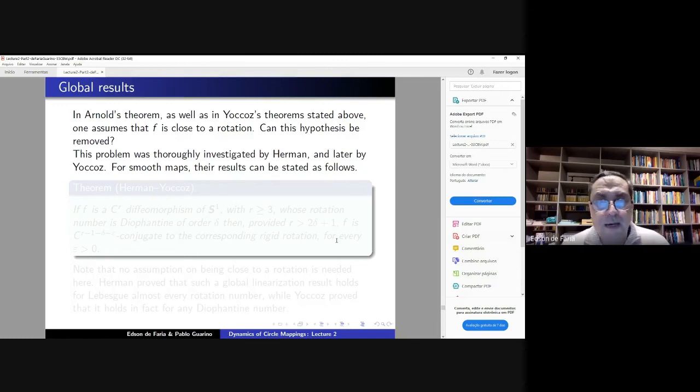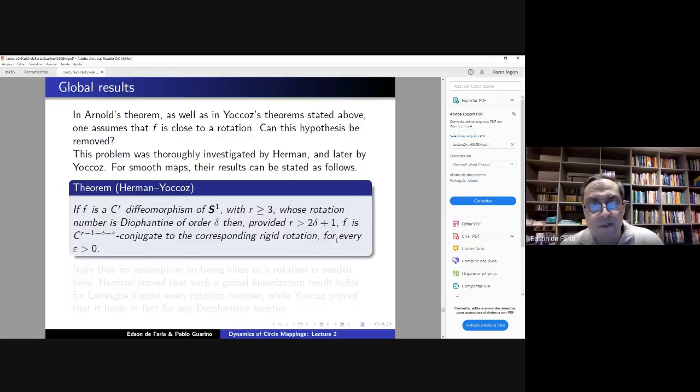And for smooth maps, the results can be stated as follows. If you have a C^r diffeomorphism of the circle and r is at least 3, it turns out that you need to use tools like the Schwarzian derivative. This is written in a slightly different language.